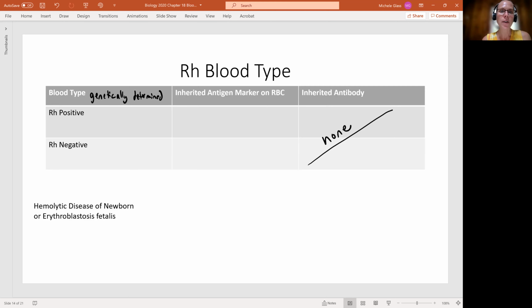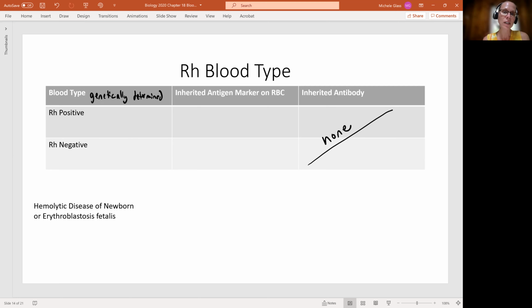So I have for RH blood type constructed another table, just like we had previously. I have, again, 3 columns and 3 rows. At the top of the first column, I have blood type, and underneath I have either RH positive or RH negative. The second column is the inherited antigen marker on the red blood cell, and the third column is the inherited antibody.